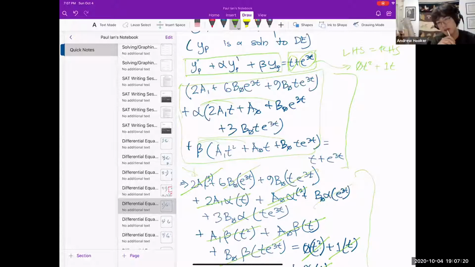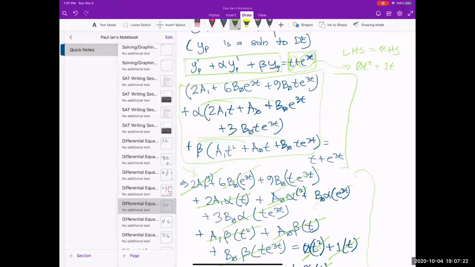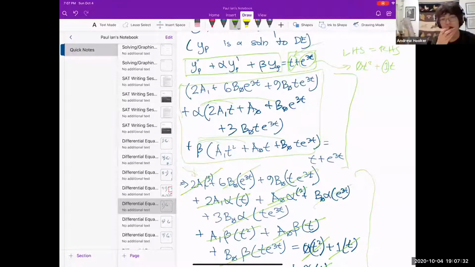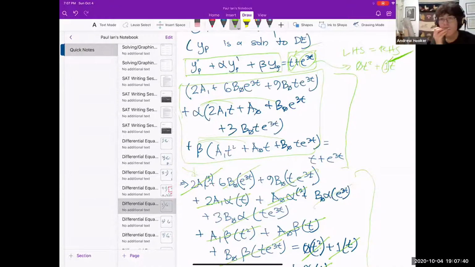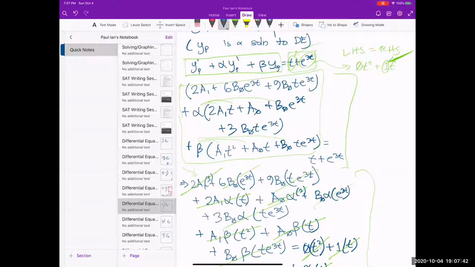T has a coefficient of 1. Right here, look at this guy. You have t, but there's a 1 coefficient in front of the t, right? This guy right here, on the very right.